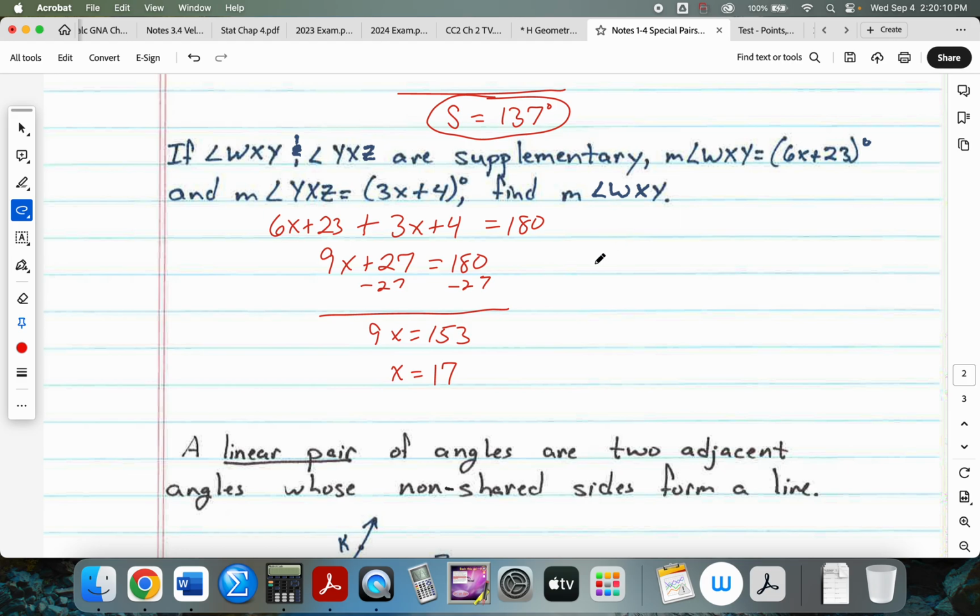So then the measure of angle WXY is going to be 6 times 17 plus 23. Let's see, that's 60 and 42 is 102. Plus 23 is 125 degrees.